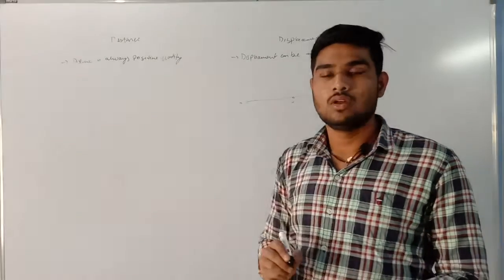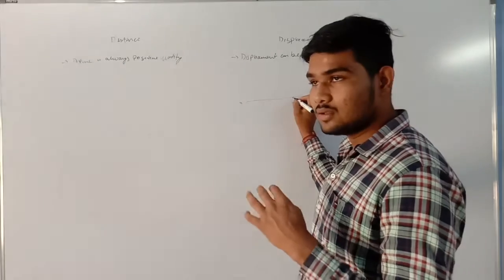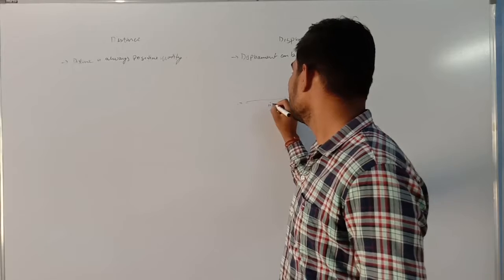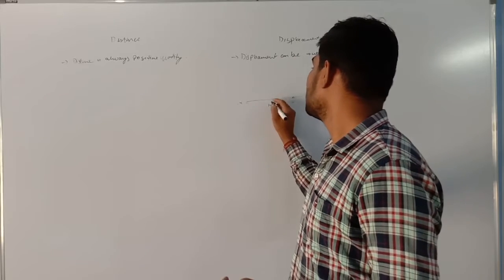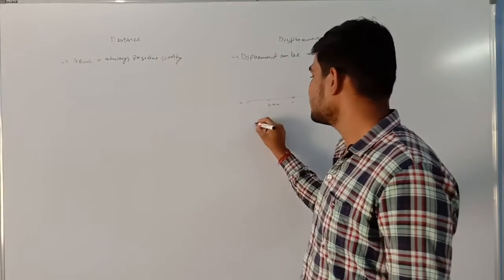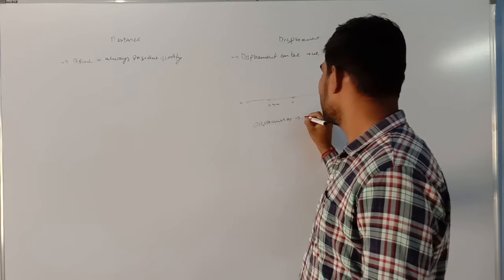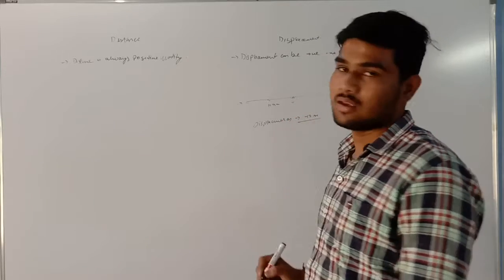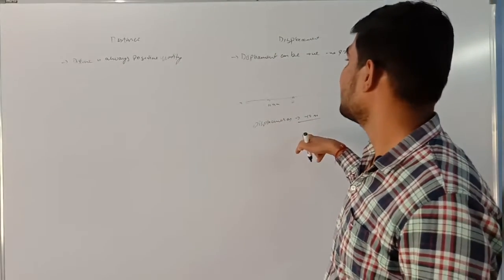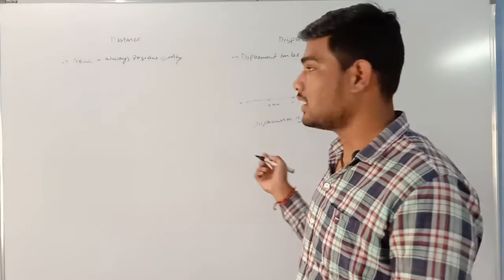Okay, so if a body is moving toward the west direction 10 meter, then we call the displacement minus 10 meter. The distance will be 10 meter, and the displacement will be minus 10 meter.